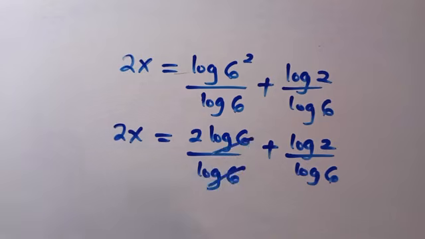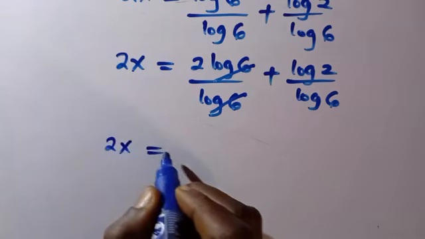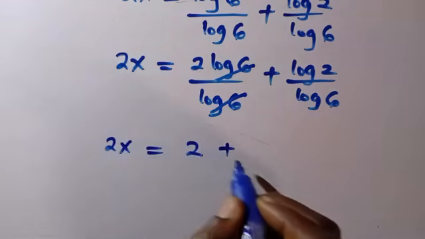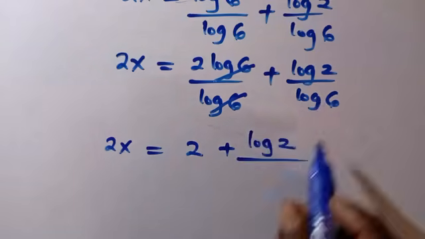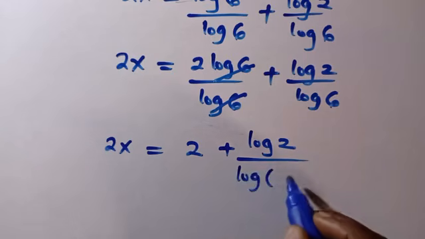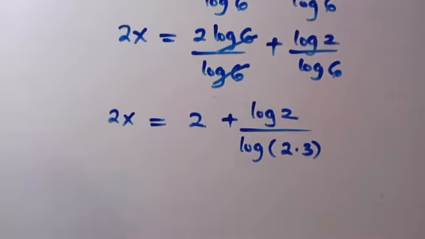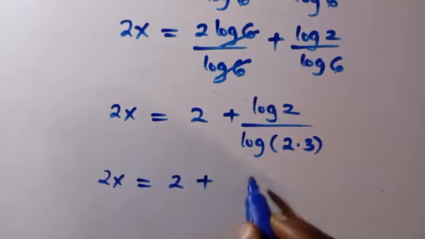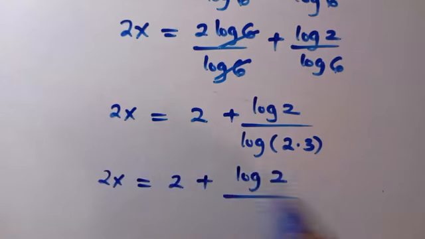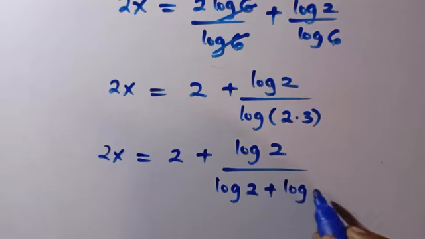Here log 6 cancels log 6. Then we have 2x equals 2 plus log 2 divided by log 6. We have to write 6 as 2 multiplied by 3. So log of 2 multiplied by 3 equals log 2 plus log 3.